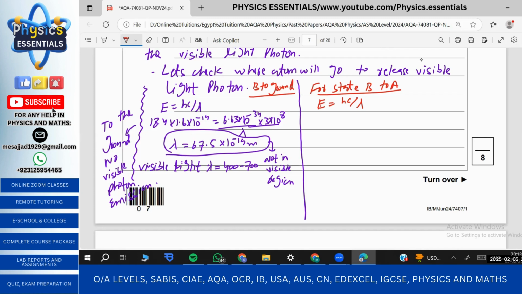For that, you have to do this EB minus EA. And what is EB? 3.16 minus minus 4.96. That will turn out to be equal to, let me get my calculator.